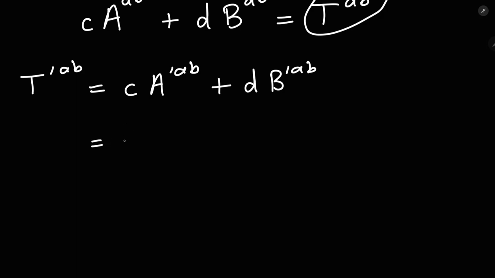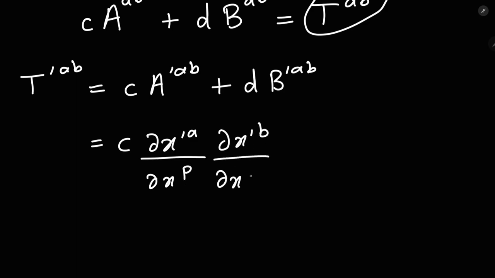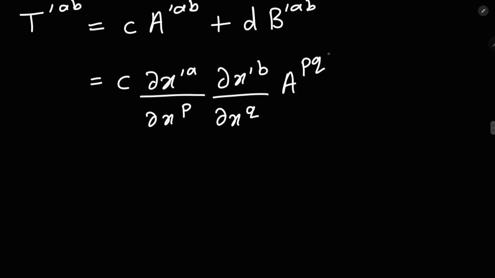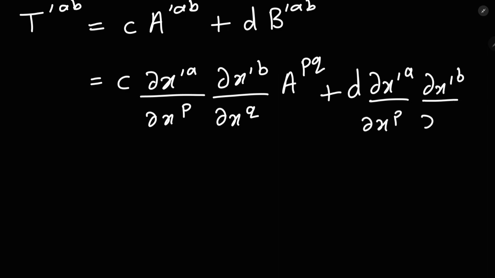Now, by contravariant tensor transformation, we have del x prime A upon del x P, del x prime B upon del x Q, A^{PQ}, since A transforms contravariantly with respect to these two upper indices. And similarly, we have D times del x prime A upon del x P, del x prime B upon del x Q, B^{PQ}.